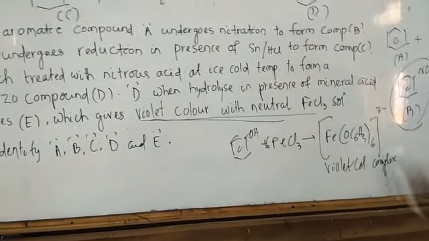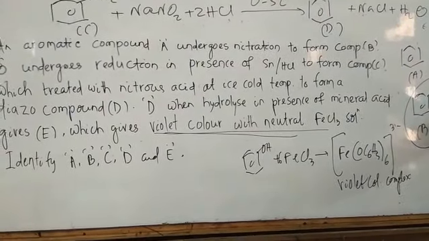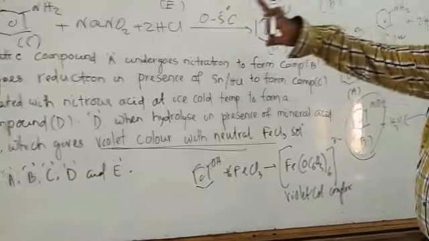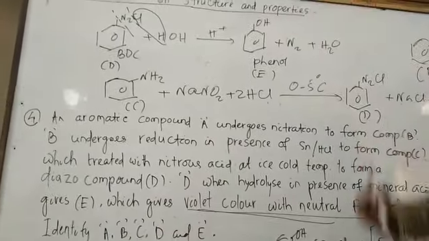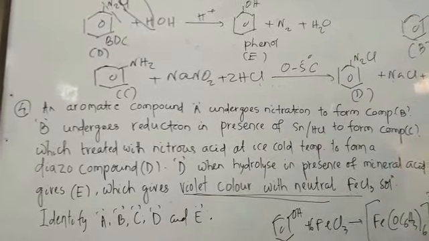So from this discussion it is clear that A is benzene, B is nitrobenzene, C is aniline, D is benzene diazonium chloride, and E is phenol.